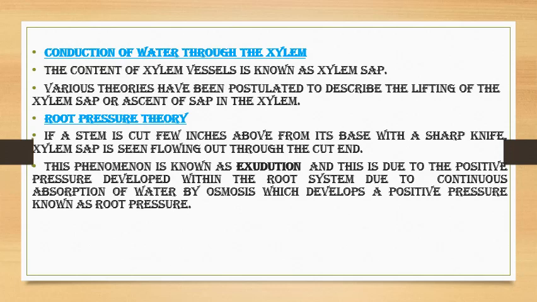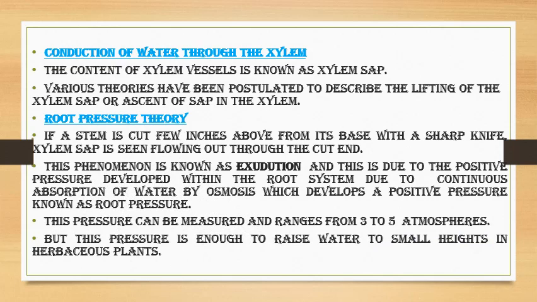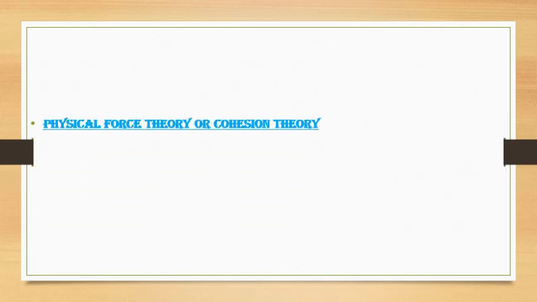This phenomenon is known as exudation, and this is due to the positive pressure developed within the root system due to continuous absorption of water by osmosis, which develops a positive pressure known as root pressure. This pressure can be measured and ranges from 3 to 5 atmospheres.